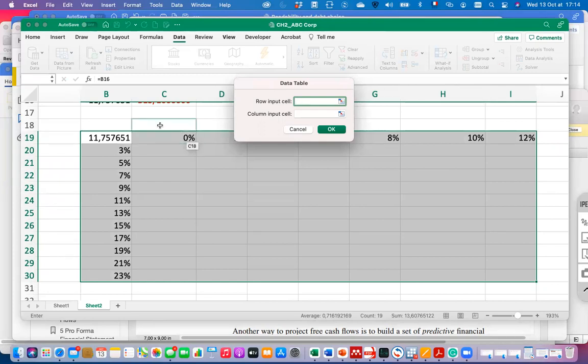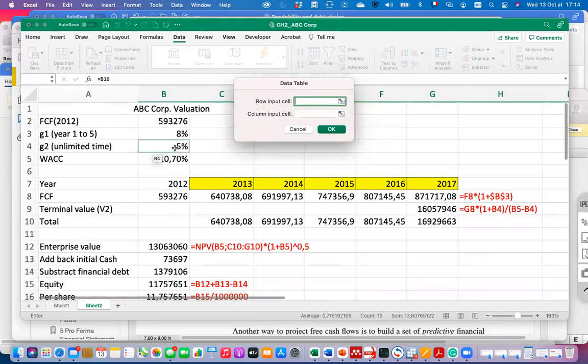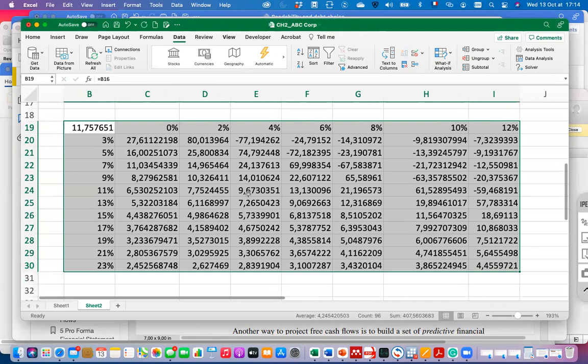For the row, we have used the G2, right? So we select the G2, the perpetual growth rate. While for the column, we have used the WACC. And then you click OK. And that's it.